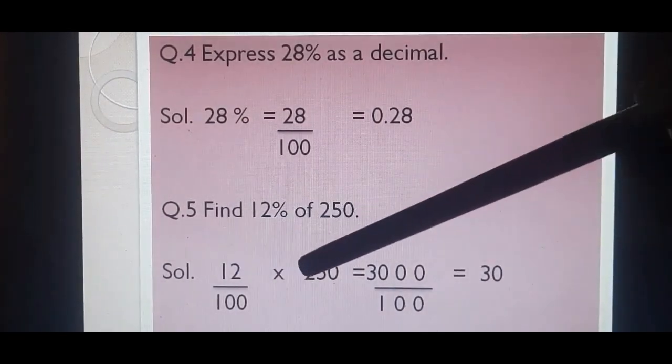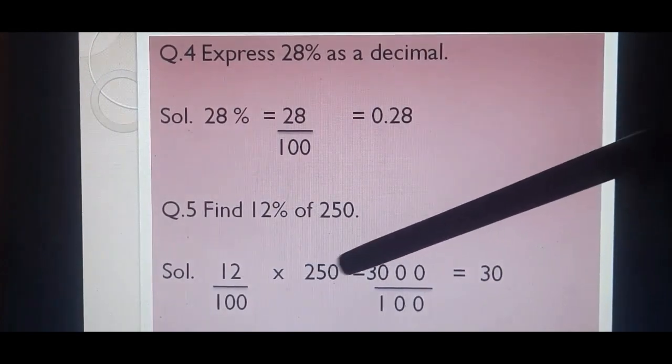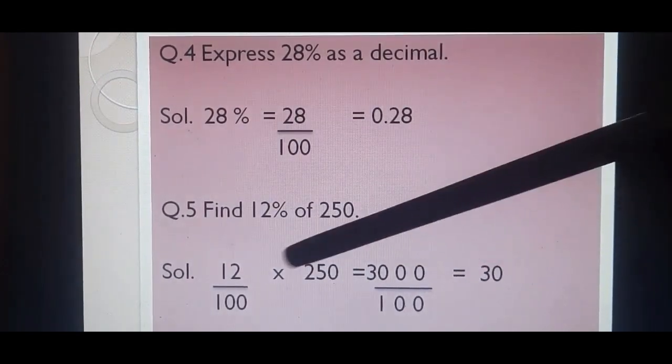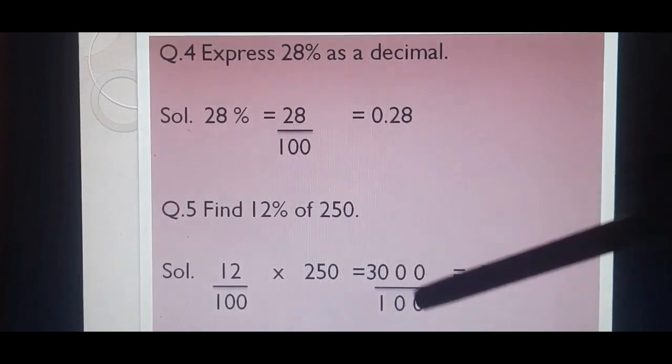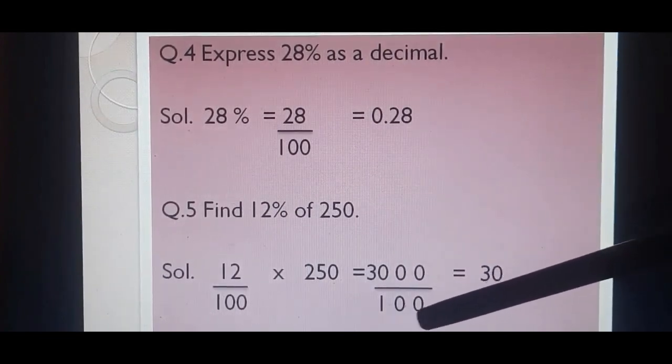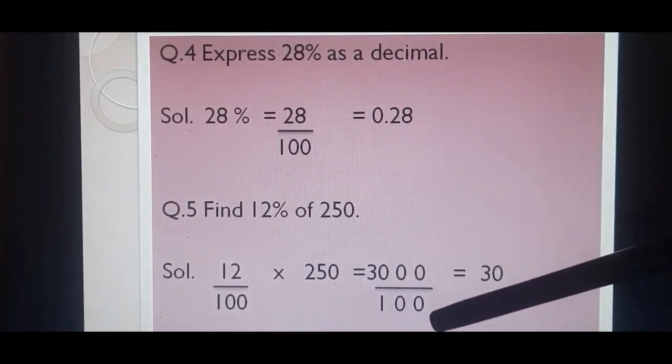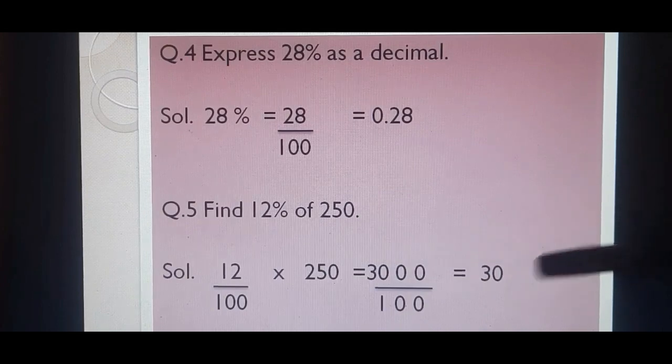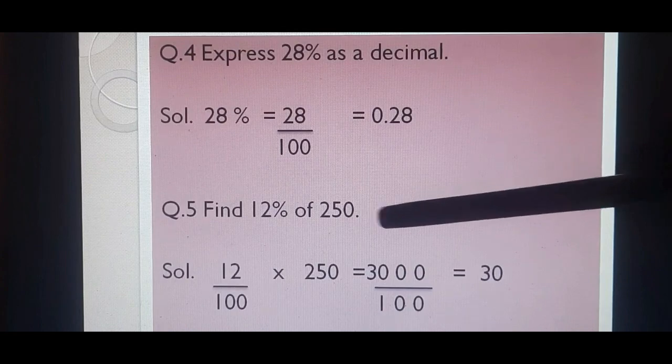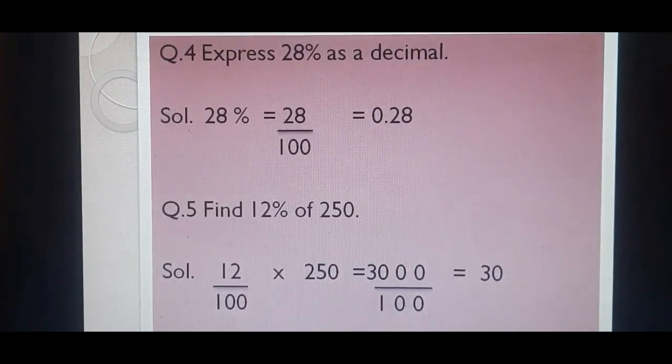So 12 multiply 25, 300, then 1 0 to the right side of the product, upon 100, 3000 upon 100. When we will cancel these 2 zeros of numerator and 2 zeros of denominator, we will get the answer 30. So 12% of 250 is equal to 30.